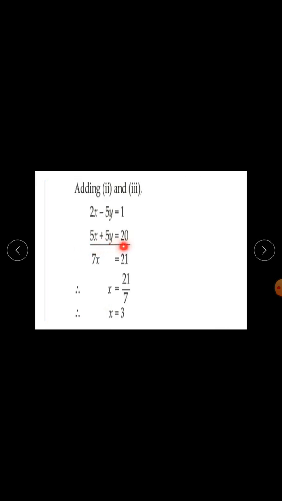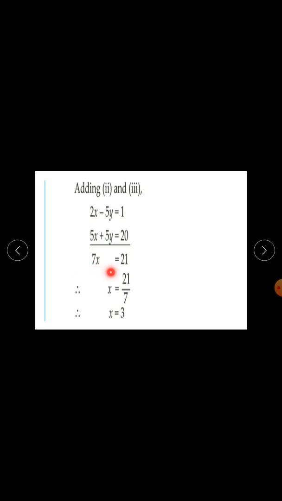For y the coefficients are minus 5 and 5, so we can eliminate y. Add the second and third equations. 2x plus 5x is 7x, minus 5y plus 5y is 0, and 1 plus 20 is 21.